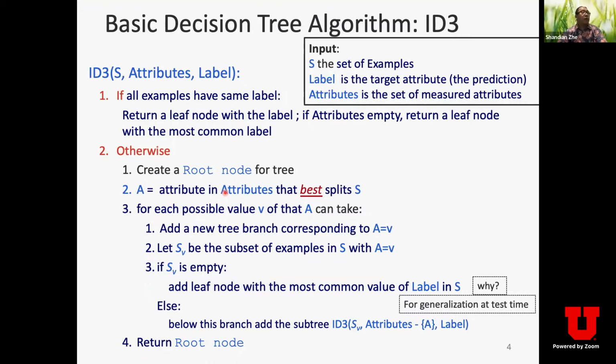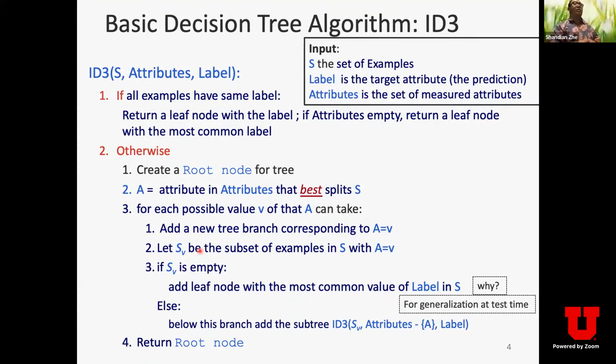Now we grow new branches according to A, right? So we're gonna go through every possible value V that attribute A can take, right? For every particular value V, you're gonna add a new tree branch, right? And the edge of the branch is associated with a testing condition, right? Test whether your A is value V, right? And if it happens that S_V, meaning the examples that take attribute A to be V, is empty.